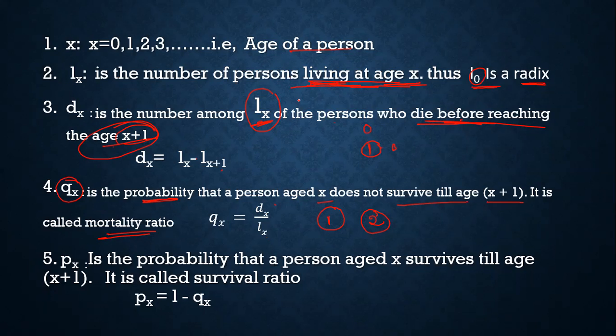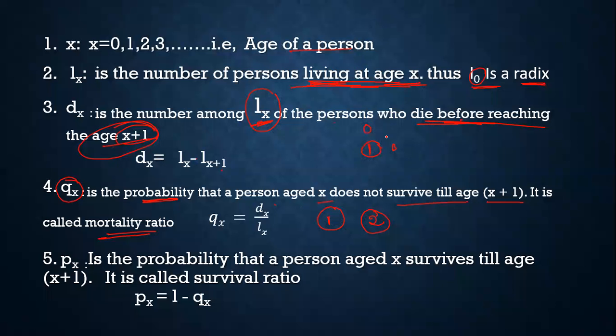We need the number of persons living at age X, how many people there were. So the deaths divided by the living are considered to find the mortality, that is QX. Hope you understood the difference between DX and QX.